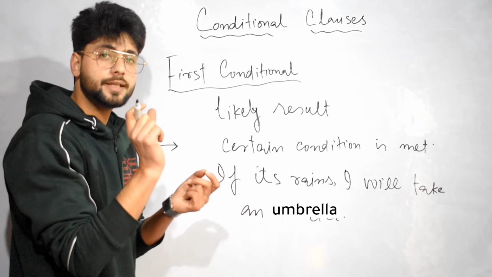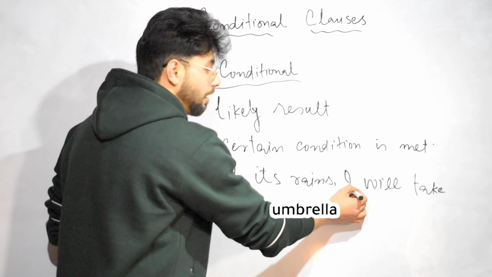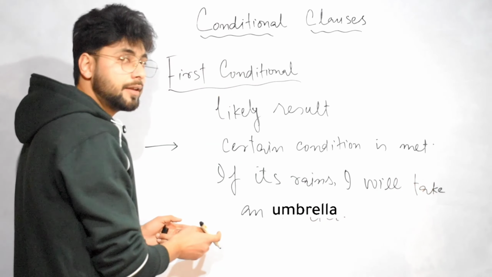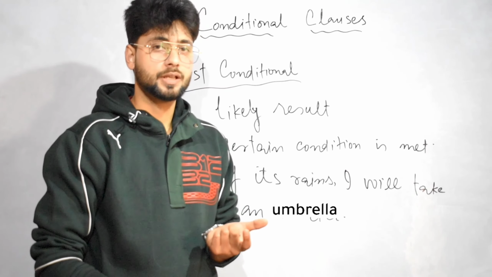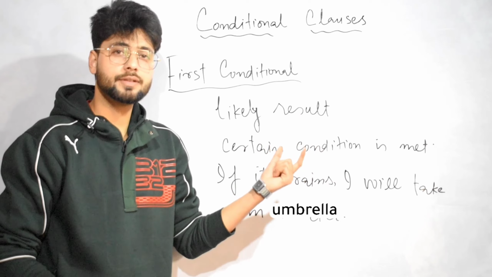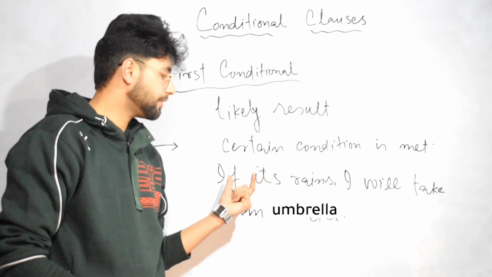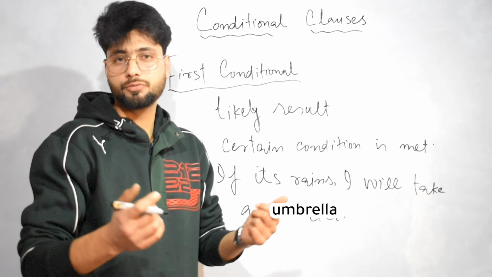We are providing a condition. We are meeting a condition. I will take an umbrella. So if it rains, I will take an umbrella. So this is a likely result. This is a likely result which can happen if this condition is met. Everybody takes an umbrella whenever it rains.